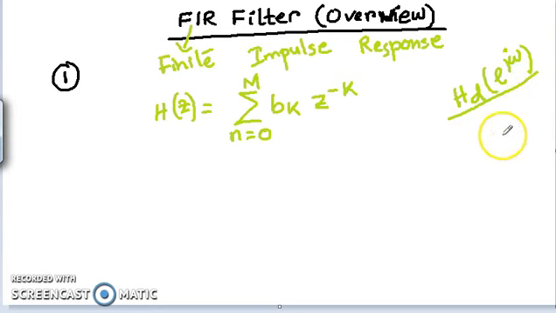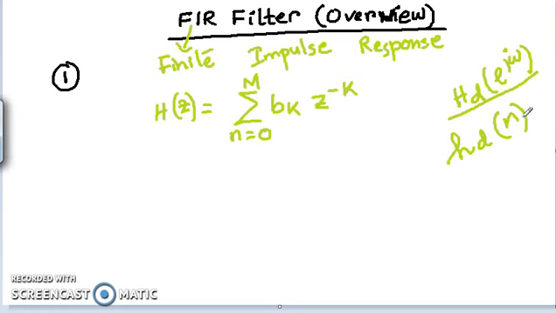Now from this desired frequency response, to design a FIR filter, we take the inverse discrete Fourier transform and we get the impulse response from it, in the time domain.